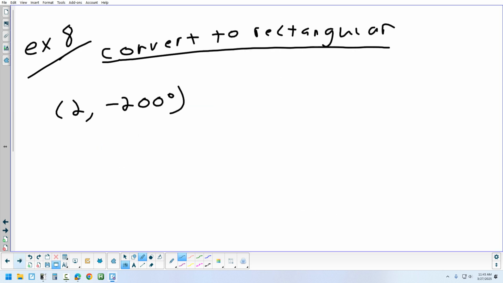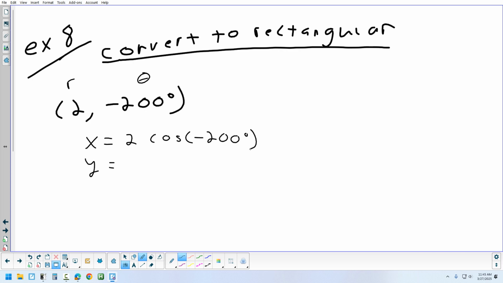All right, so let's convert that to rectangular. What did we just say the formula is for x? R cosine theta. So filling in my values, what is the formula going to look like for this problem? 2 cosine negative 200.